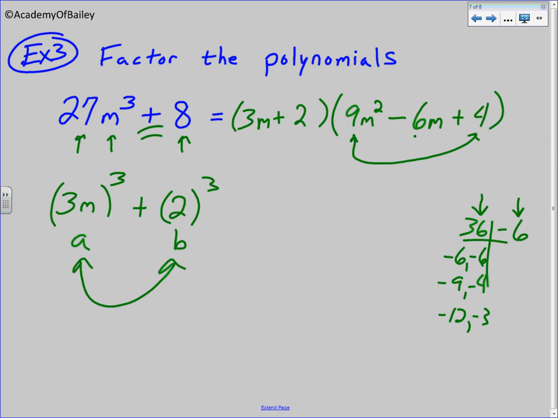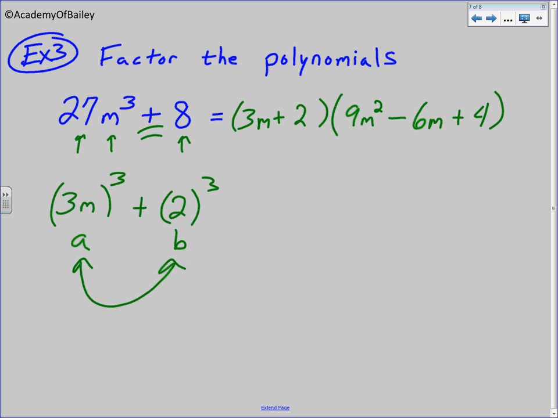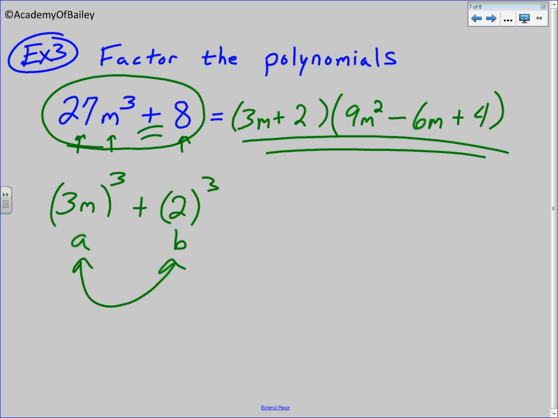I'm pretty sure it's not going to happen because our lowest factor is going to be negative 6 here, and of course, when we add that together, it's going to be larger. So we're not able to factor the trinomial any further. This is the final factored form of 27m cubed plus 8.